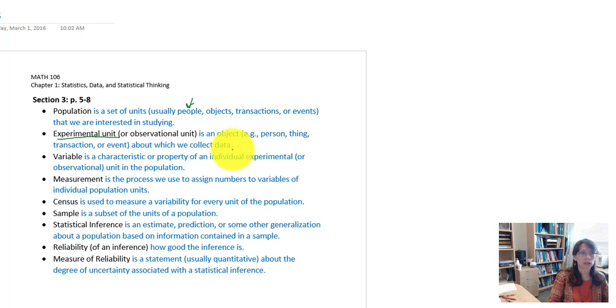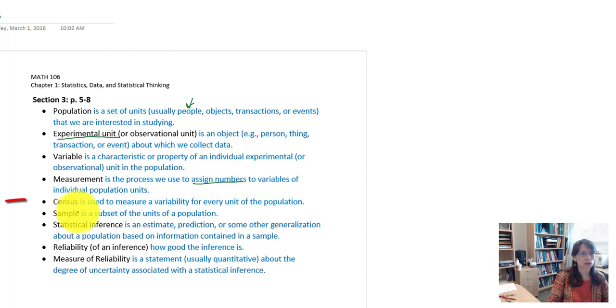The population is going to be the students in the class, while the experimental unit is the actual test score. The next term is variable. The variable is a characteristic or property of an individual experimental unit in the population. Our next term, measurement, is the process we use to assign numbers to variables of individual population units.